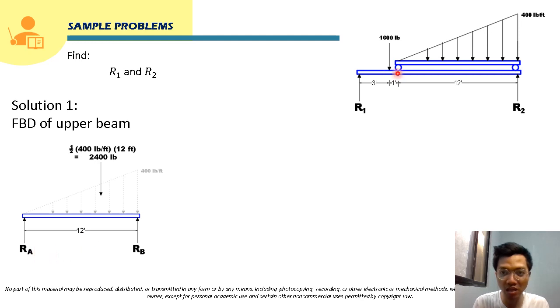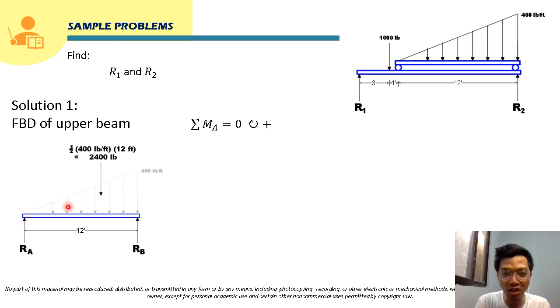We will name the reaction here RA, and the reaction here RB, and we're going to solve for RA and RB. We can apply the equilibrium for a parallel force system. We can use two equations, so we can use summation of moment at point A.